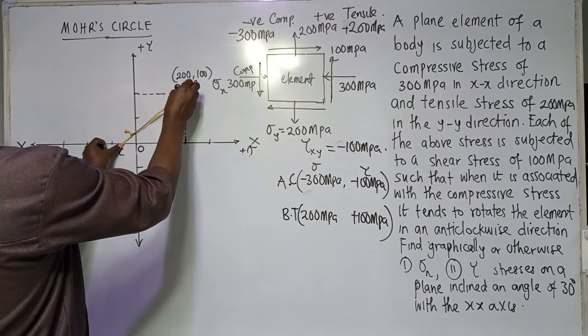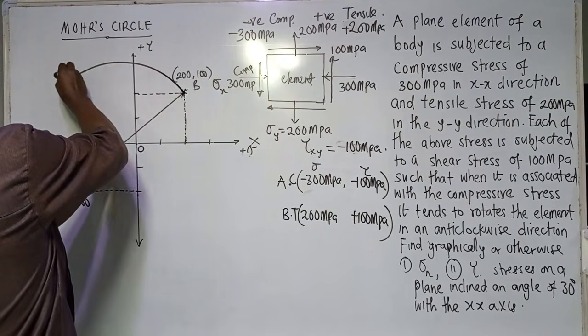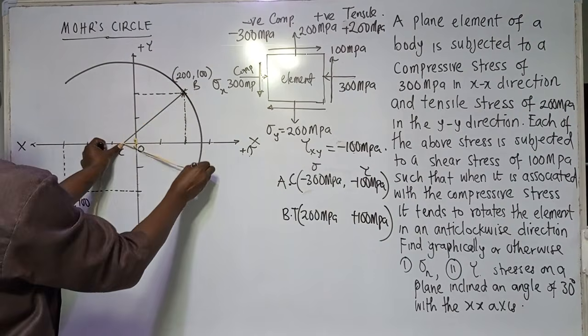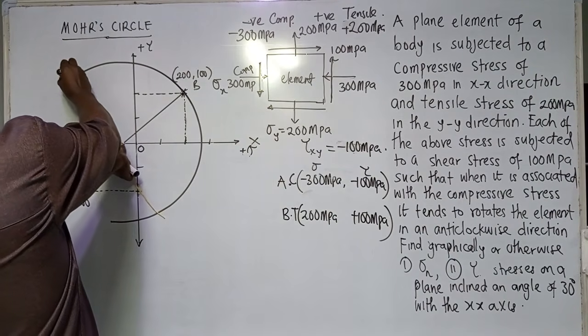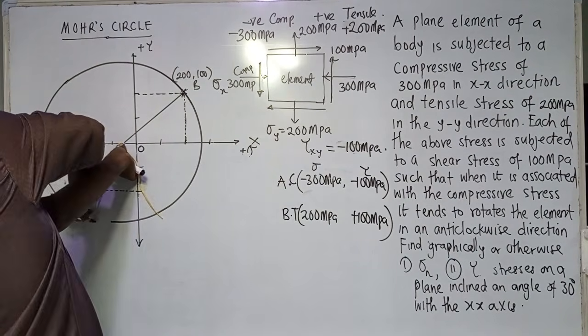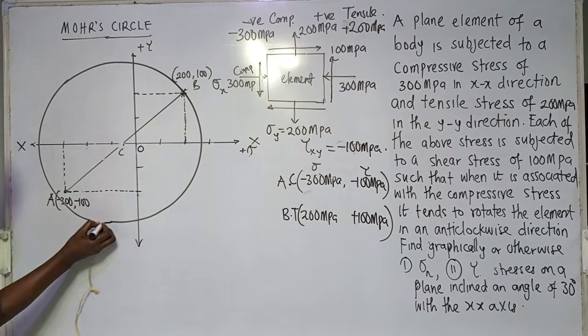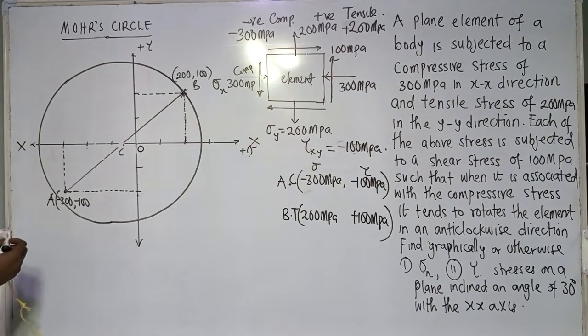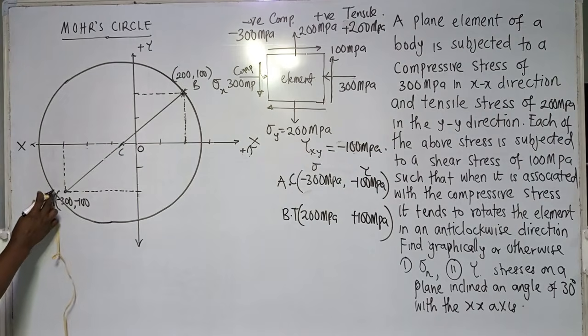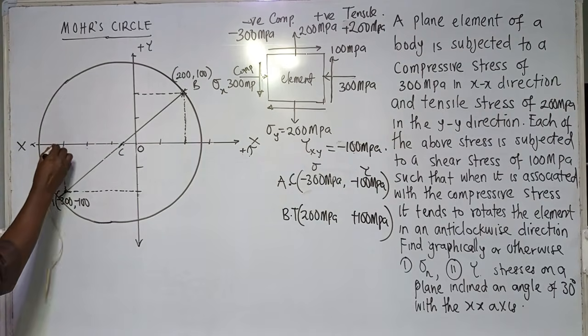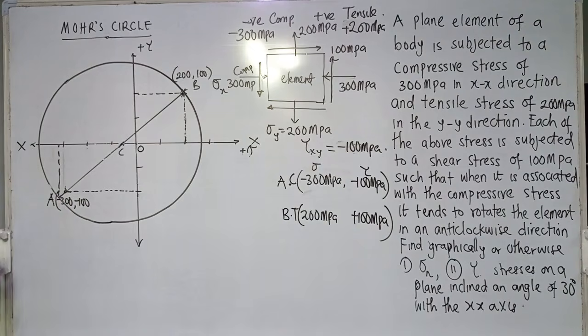So, sorry, this is supposed to cut here anyway. Let's say this one is here. So this is the center. Just permit me like that. So this is the radius.